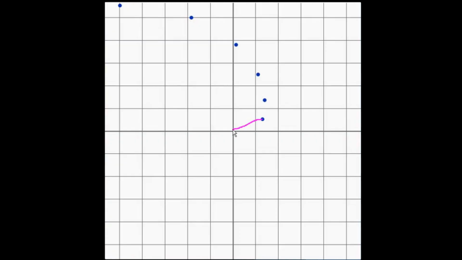If we have this point, and it's got an angle, well, if we multiply it by itself, we're really just adding this angle to itself. So it's going to add this angle to itself for z squared, and then add that angle to that angle to that angle for z cubed. It's going to add it 4 times for z to the 4th, and then 5 times for z to the 5th.